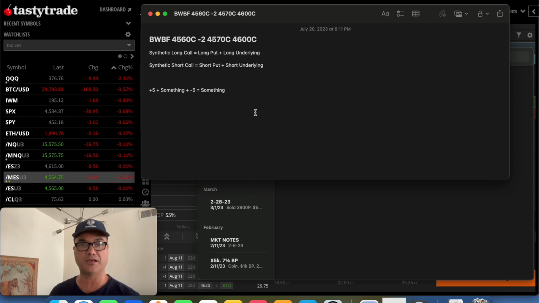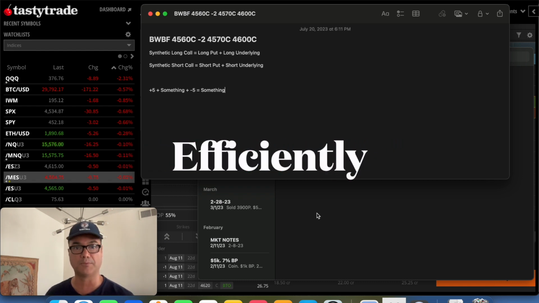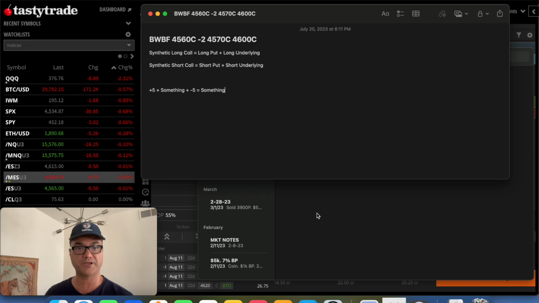I found that a pretty interesting and clever way to think about it. What I really appreciate about it is that it's simple and elegant. You don't need a lot of complicated math. Once you understand that a synthetic long call is basically a long put and a long underlying, you can make modifications as needed to execute a trade and deploy capital efficiently, which is a hallmark of good trading with a smidge of creativity.